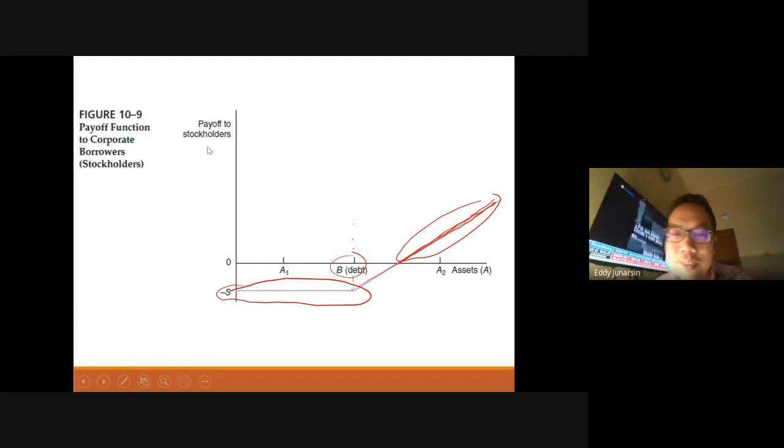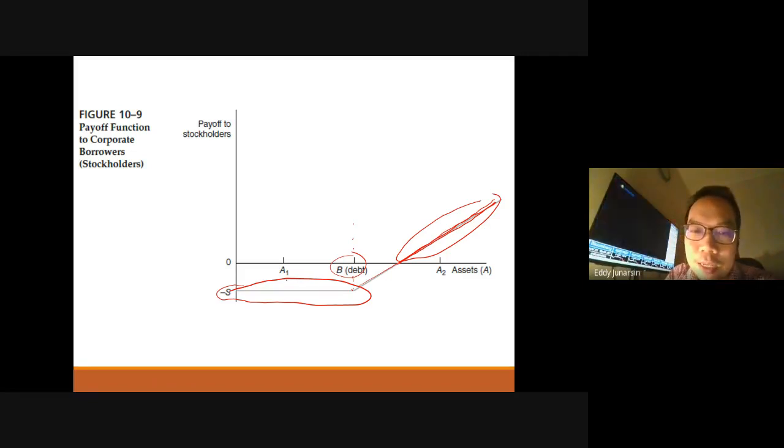Good news, right? So you see, you borrow money. If with the money that you borrow, with the loan that you borrow, you could improve your assets, then the additional value of the assets belongs to you, right? Because you only repay your debt based on your obligation or your promise to the financial institution.